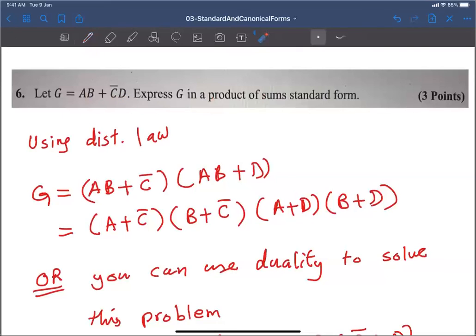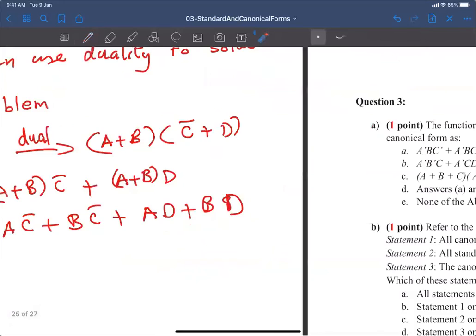Do not do that. We are asking you to convert it to a product of sums, which is not considered a product of max terms. We would like to see how you manipulate the expressions algebraically.